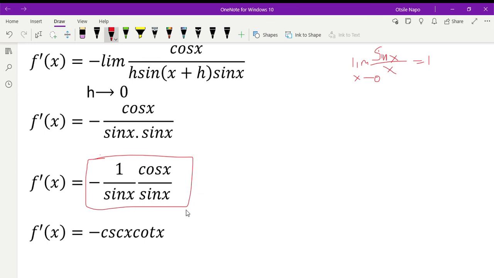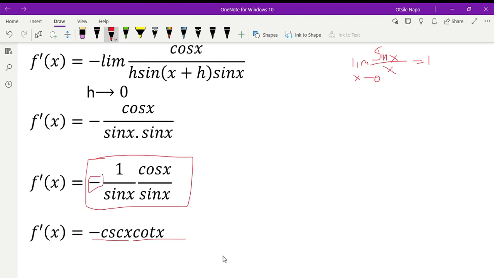So we know that identity: cos x divided by sine x is going to give us cot x, and 1 divided by sine x is going to give us cosec, which is negative since we are having this negative sign here.